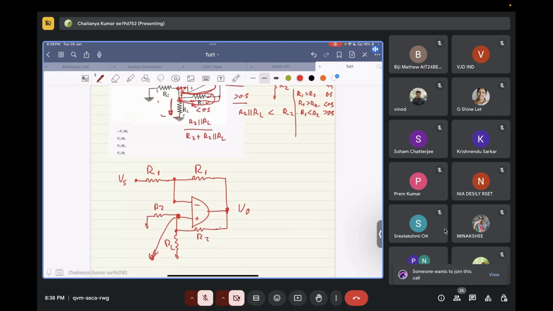Can anyone tell me what will be the voltage at the positive terminal of the op amp?